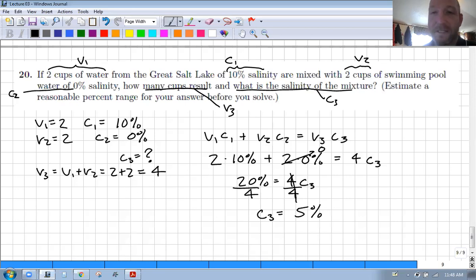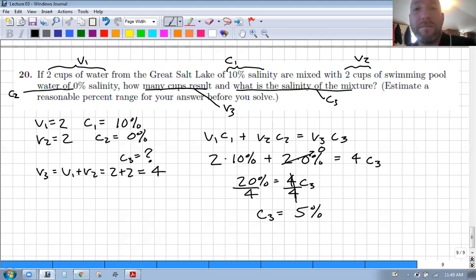All right, does that make sense? Yes. Oh, we were supposed to estimate before we solved it. Let's see if we can estimate. 2 cups at 10%, 2 cups at 0%. So of 4 cups total, half of it was at 10%.